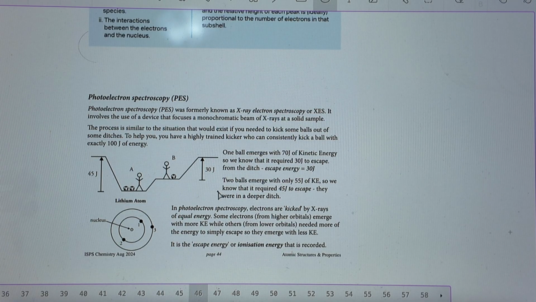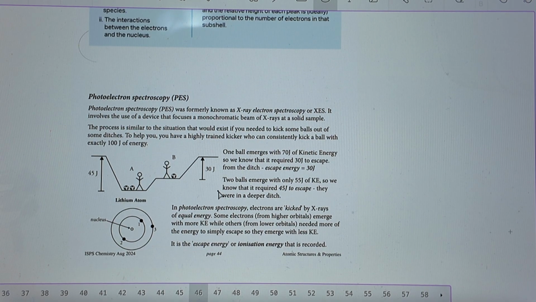So the escape energy was 30 joules. Now, two balls emerge with only 55 joules of kinetic energy. So we know it only took 45 to escape. So what we write down is that escape energy, or something called the ionization energy.